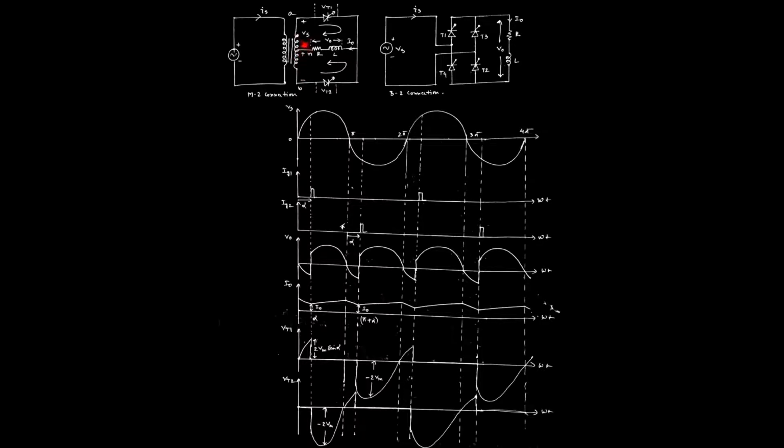Once it is positive, the current tries to flow from this direction. That means the thyristor T1 will be in reverse biasing condition, which was in forward biasing condition in the first case. In this case, the lower thyristor, that is T2, will be in forward biasing condition. Then we should apply the triggering pulse across the gate of the thyristor T2.